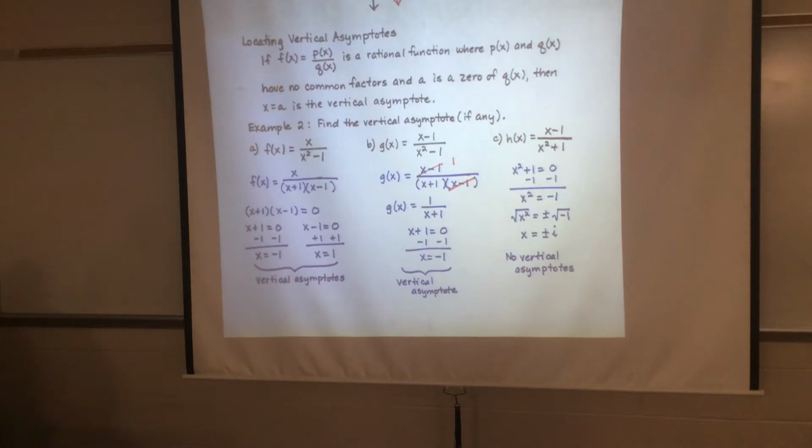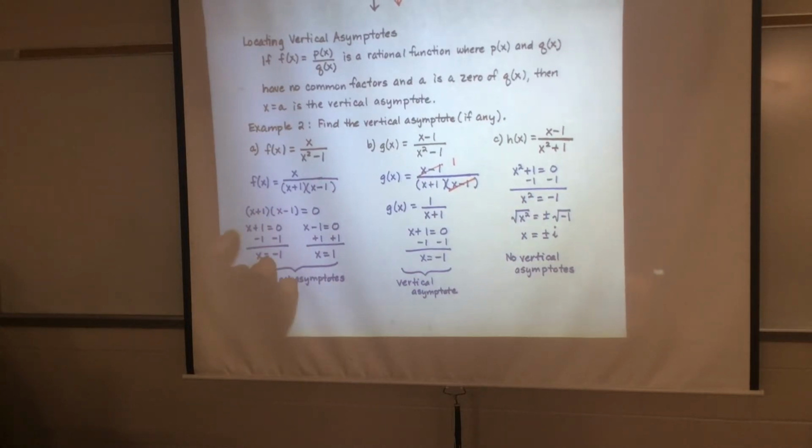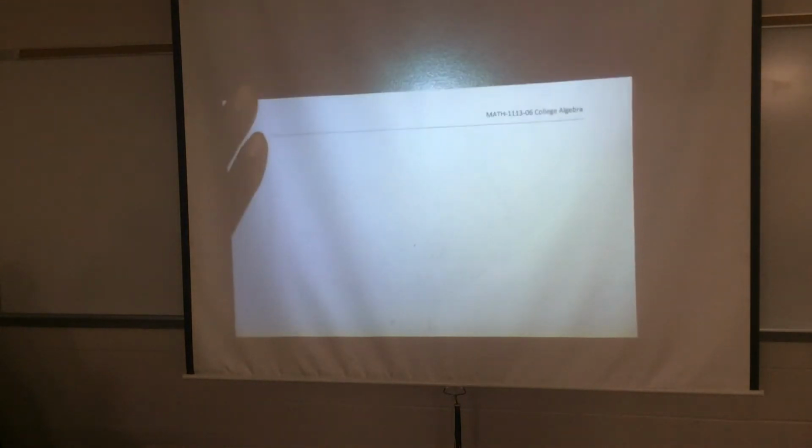Okay, now if we go back to part B, where I had to divide out common factors. Anytime you have to divide out common factors like I did right here in part B, you're going to have something called a hole in the graph. And that's the next thing I want to talk about here, hole in the graph.